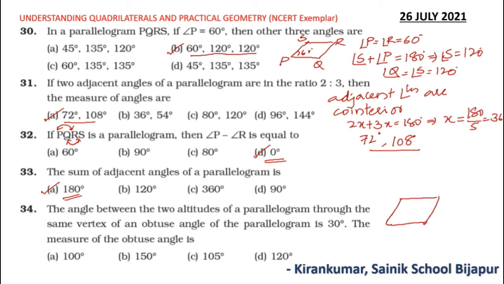I am considering this particular obtuse angle. From here, I am going to draw two altitudes. These are the two altitudes. Here the angle is 30 degree. Two altitudes are making an angle of 30 degree here. Now we need to find the obtuse angle. Let me consider this particular angle as x. So the opposite angle x will be there here.